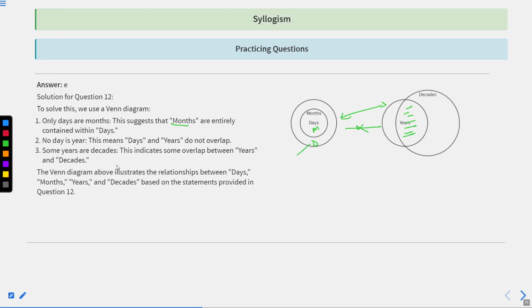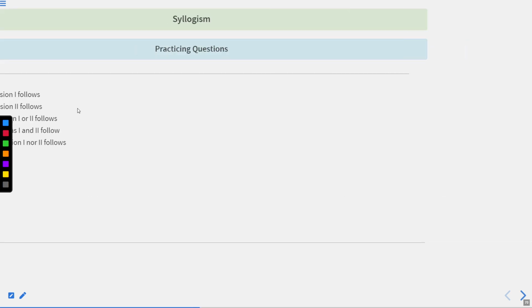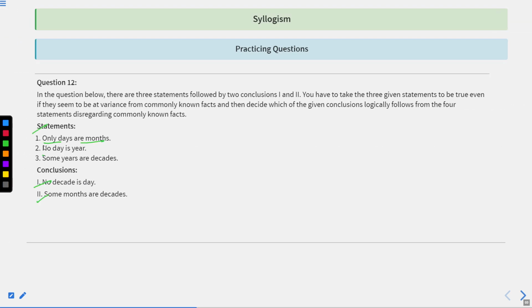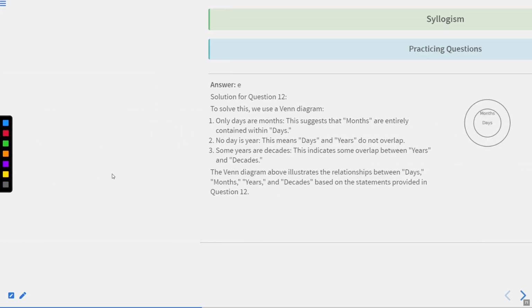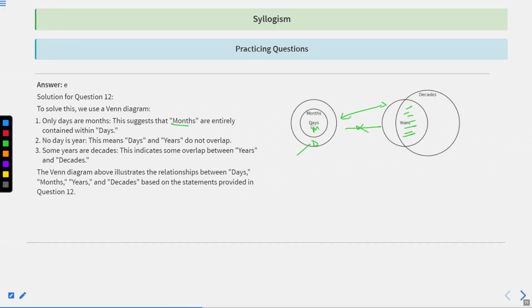The answer which has been mentioned here is wrong, because as you can see through the Venn diagram, the conclusion says that no decade is a day. That means there should be no relation between decade and day. Days are here, decades are here, and there is no intersection whatsoever between days and decades.